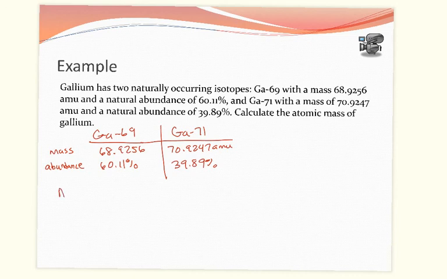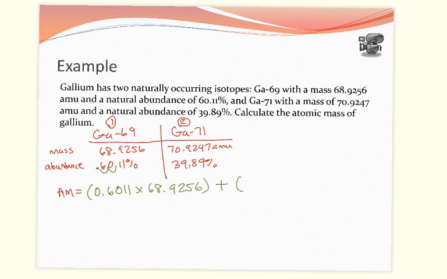So our atomic mass is going to be the fraction of our isotope 1 times the mass of isotope 1 plus the fraction of isotope 2 times the mass of isotope 2. So we will convert the 60.11% into fraction form. So it becomes 0.6011 times our mass.